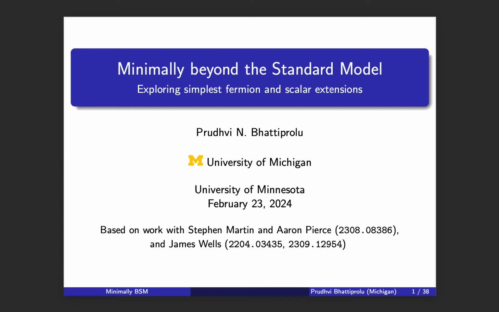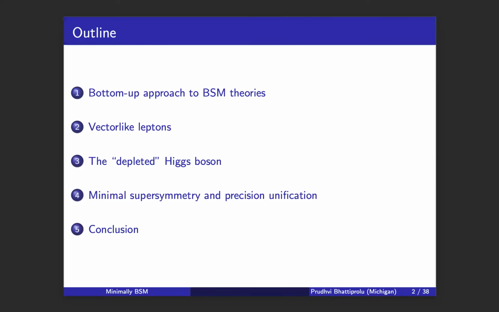Thanks, Robert, and thank you everyone for being here. So I'll talk about some of my work with my PhD advisor, Steve Martin, Aaron Pierce, and James Burns at University of Michigan. And I'll try to take a bottom-up approach to building BSM theories.